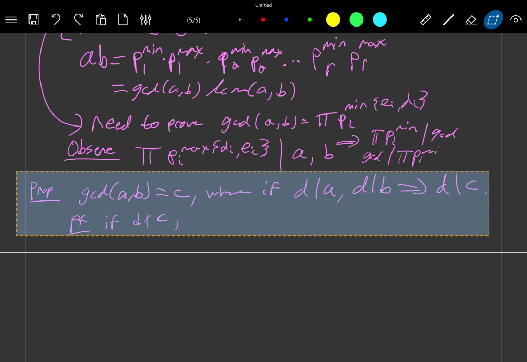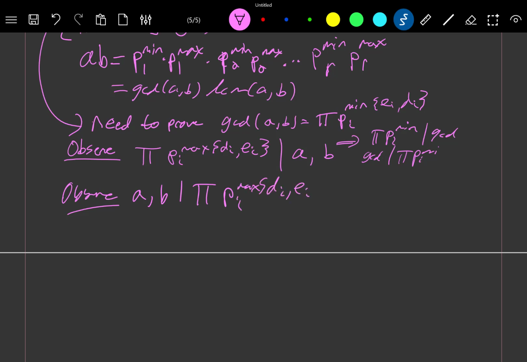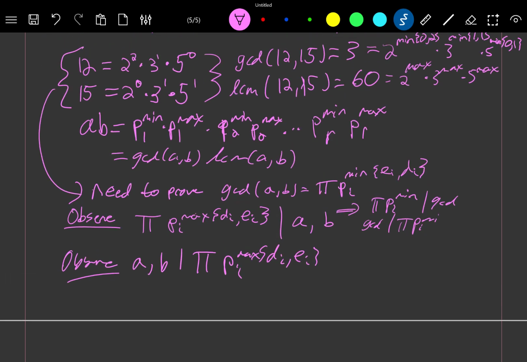So let me get rid of this because we don't need it. And we can also just observe that A and B divide the product of the Pi to the maximum of Di and Ei. This should be the max.